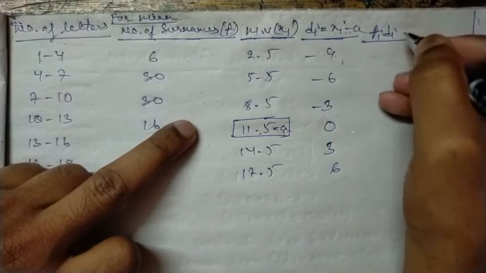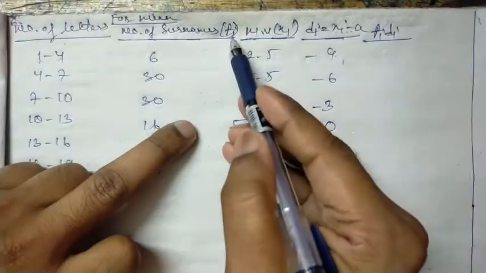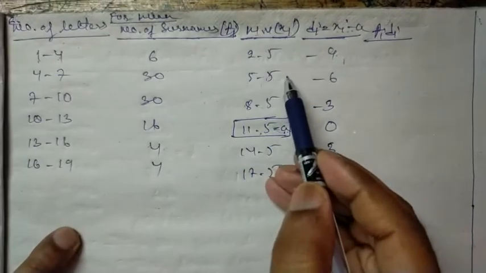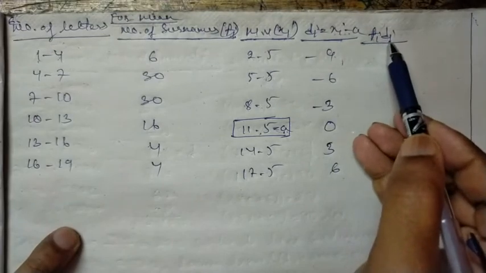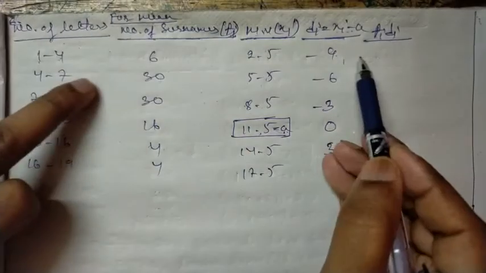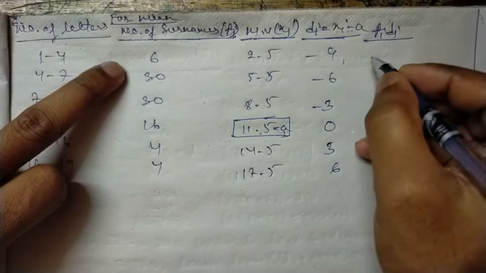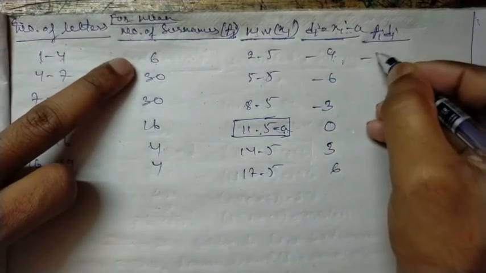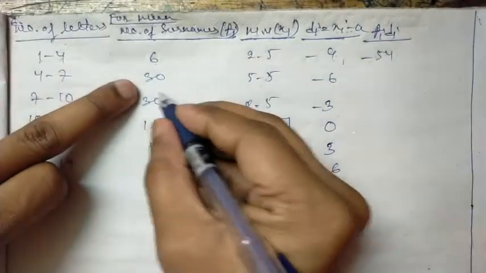Okay, so now fi di. We can say this one is fi, frequency. Now what do we have to do? We have to multiply this fi and di. This is our fi and this is our di. So if we multiply, let's see what we get. 6 9s are 54.